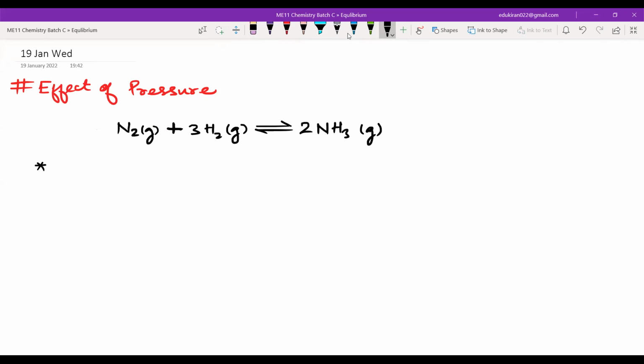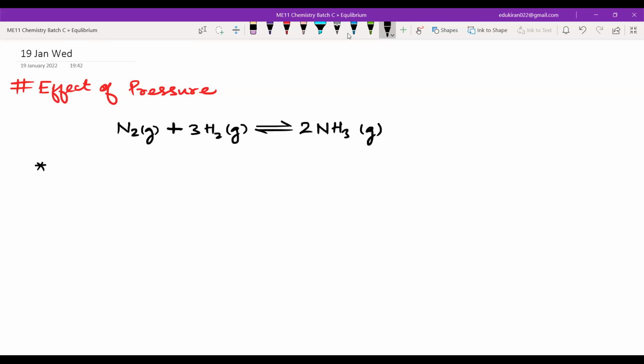The other way of thinking about this is to take help from Le Chatelier's principle. What does it say? It says that if I change something in the equilibrium, if I disturb the equilibrium, then the system will move in such a direction that the change is minimized.